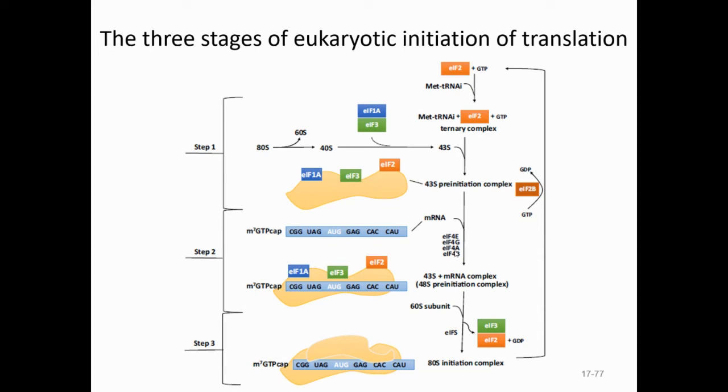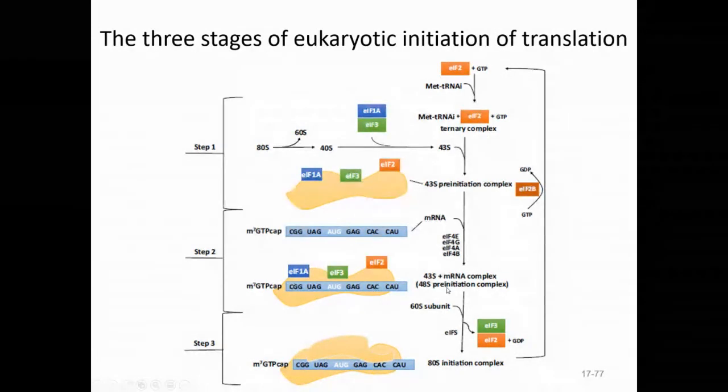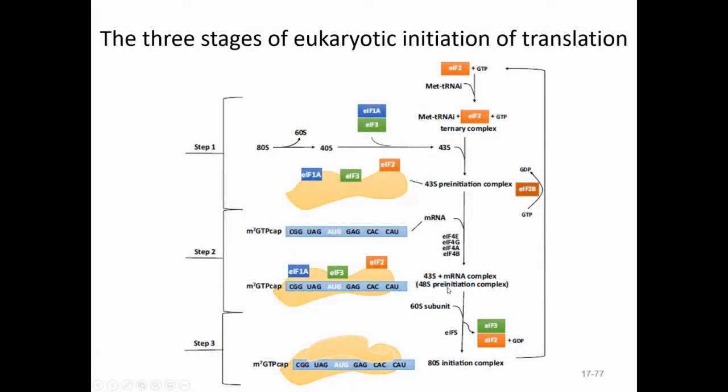Now we have the 40S subunit, the messenger RNA, and the eukaryotic initiation factors, which together make the 48S pre-initiation complex. Then it moves downstream.